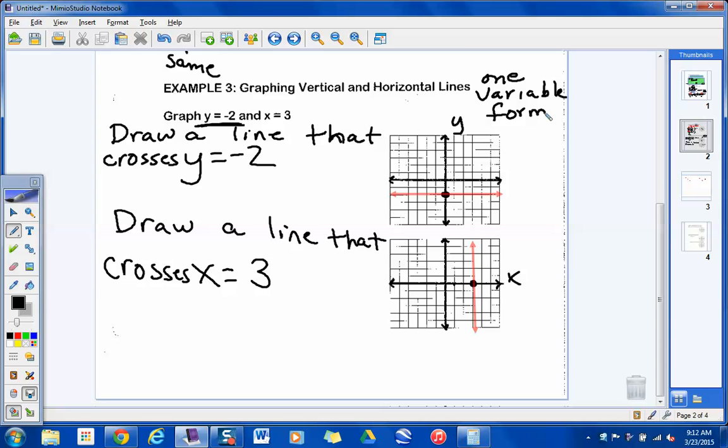For the y, why can't it go up and down? Taryn, what's this point right here? -4 comma -2, right?